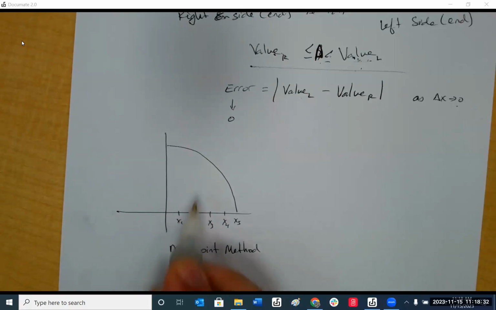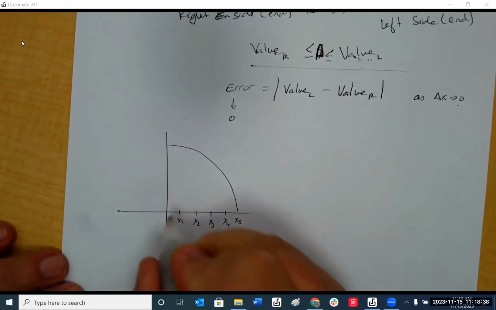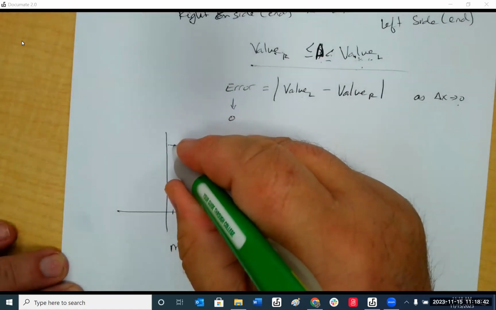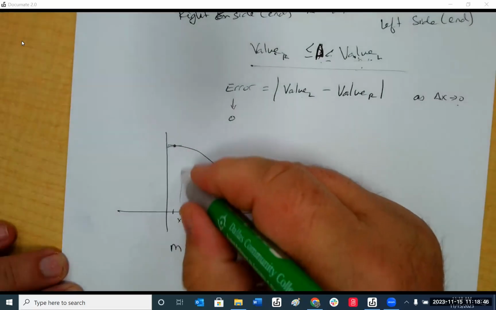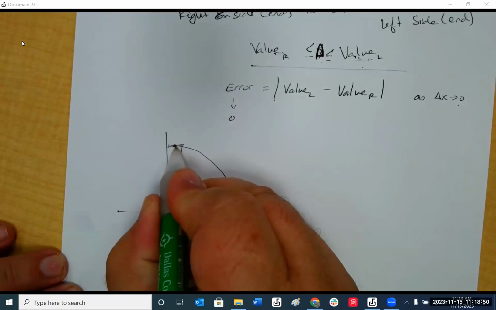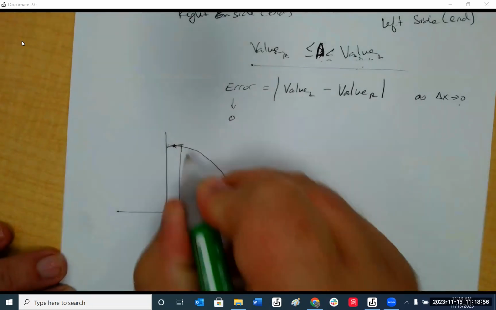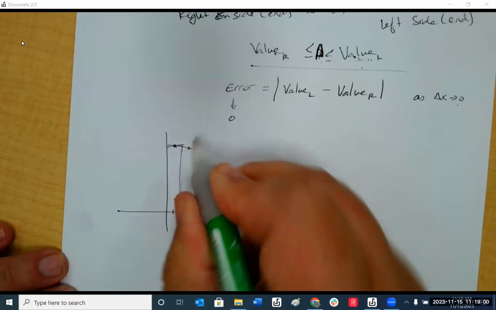Here what you do is find the average distance, the midpoint between each of these intervals. And then that is the point, so your point on the graph is the midpoint between the intervals. So this one goes up to here.